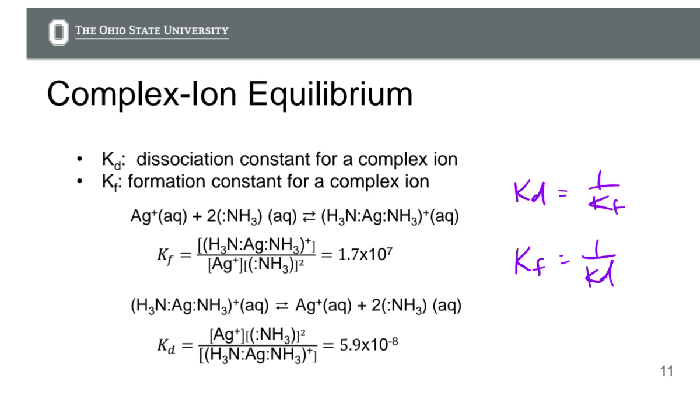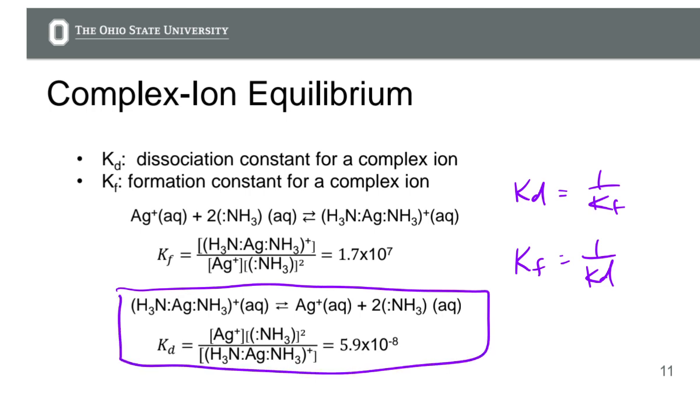Okay. Because for the dissociation, this is actually down here, we're going to have our complex ion in equilibrium with ions on the product side. So now we see how much this complex ion can dissociate. And then for the formation, it's the reverse reaction, and that's shown here.